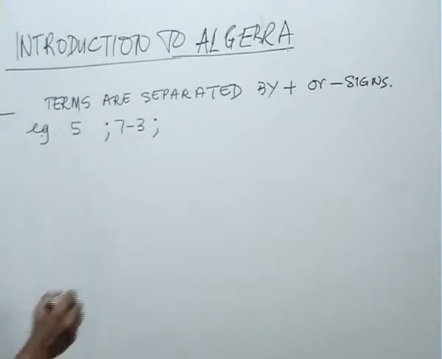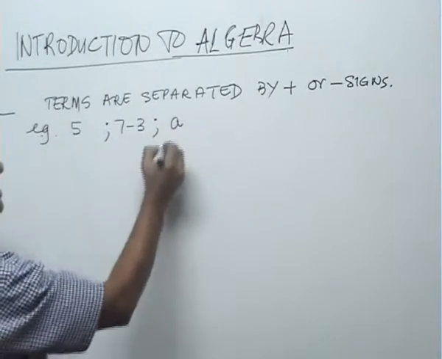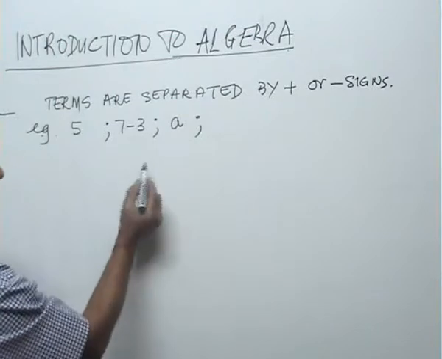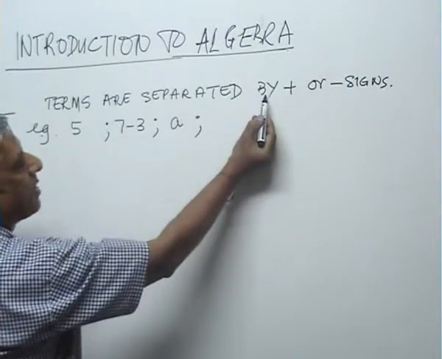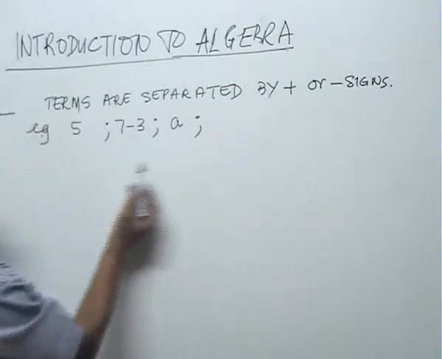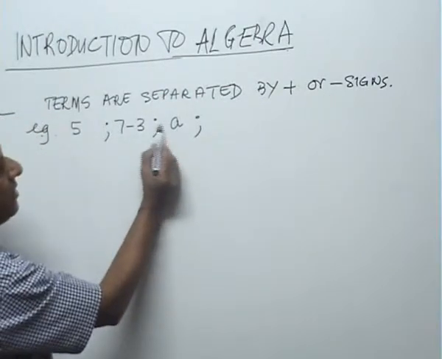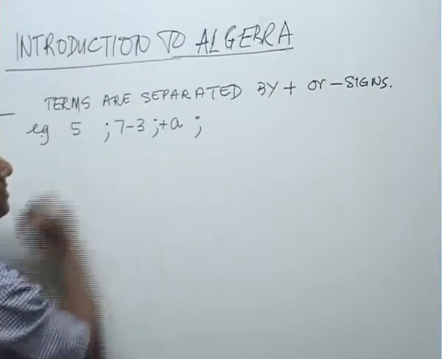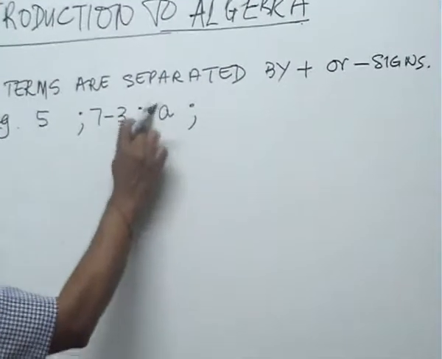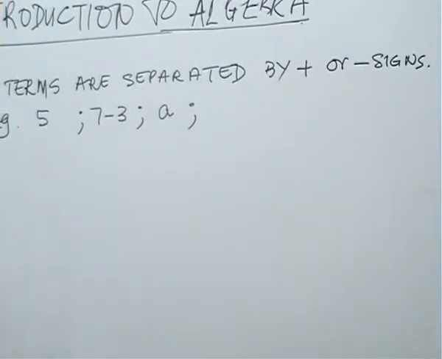Now in algebra there will be letters, so A is a term. Now in front of A you can see nothing. I am saying it is separated by plus or minus signs. While in front of A it is understood that there is a plus written down. It was not there, but it is understood.